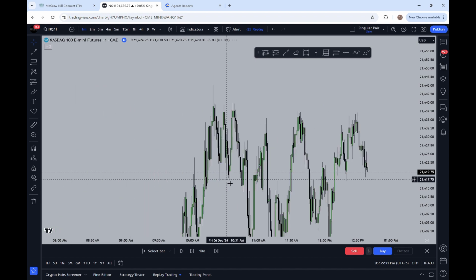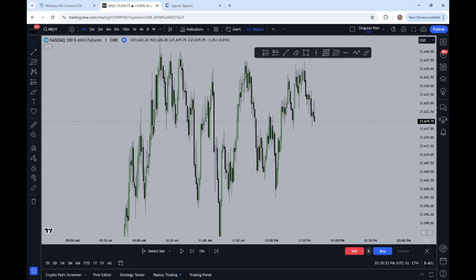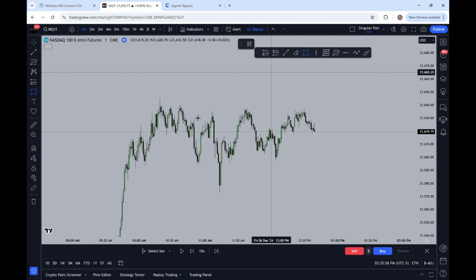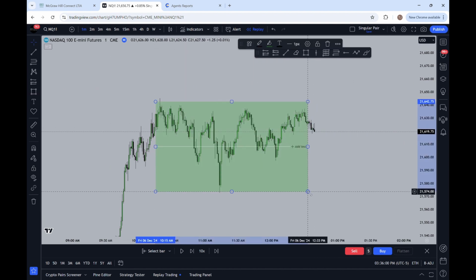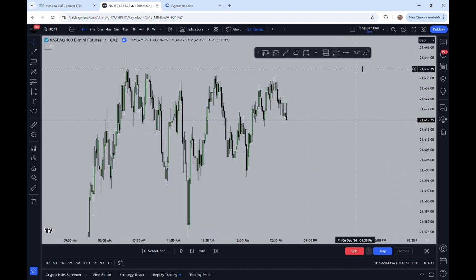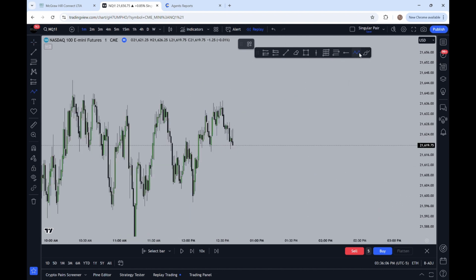Alright, so what I see right now on a Friday is a bunch of consolidation, right? This whole thing is just consolidating. So, if any of you know what power of 3 is, it's accumulation, right? Manipulation, whether that's going here and taking out the buy side, or going here and taking out the sell side.